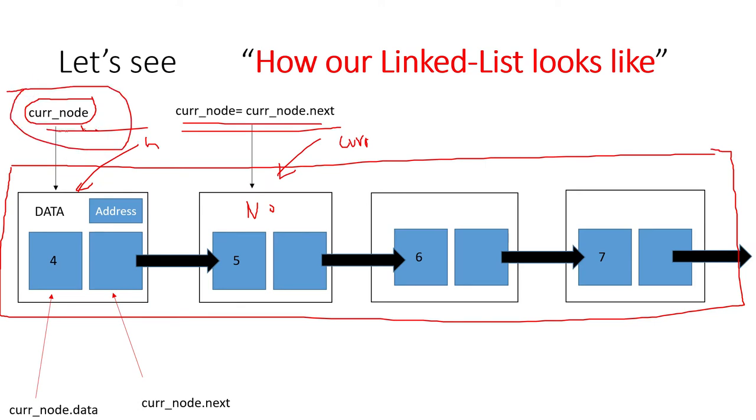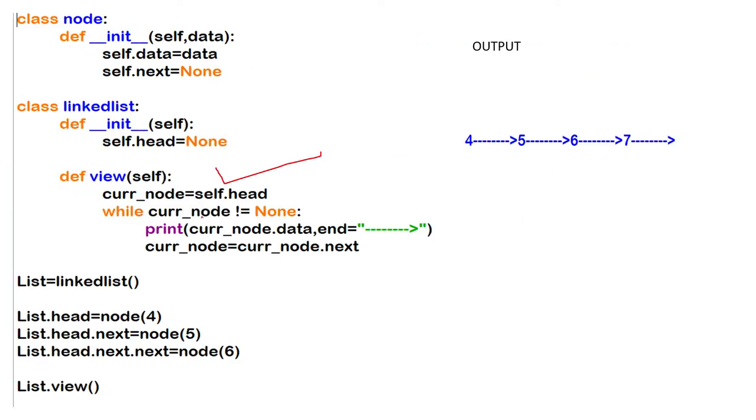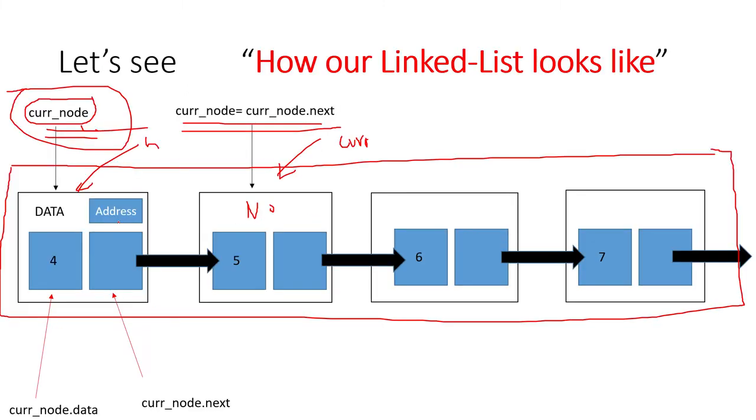So this is that statement, current node pointing to self.head, while current node is not equal to None. As long as there is a node in front of it, right?